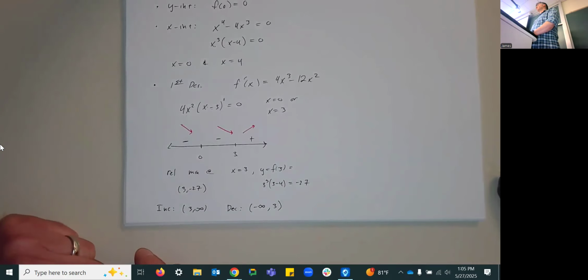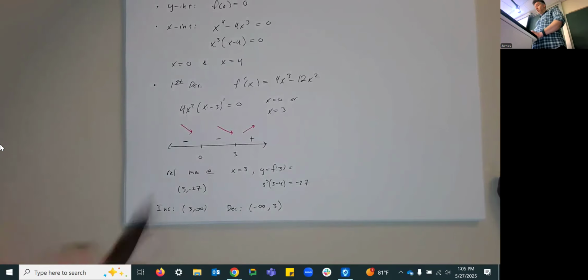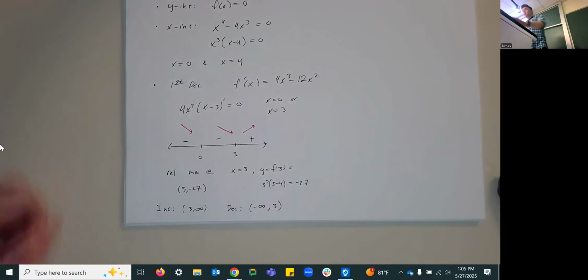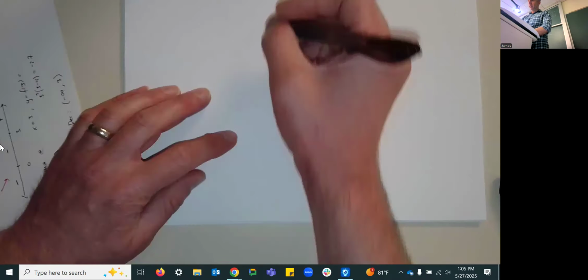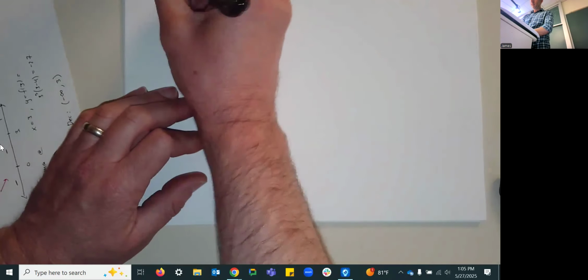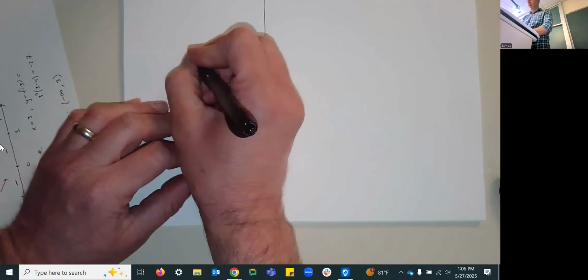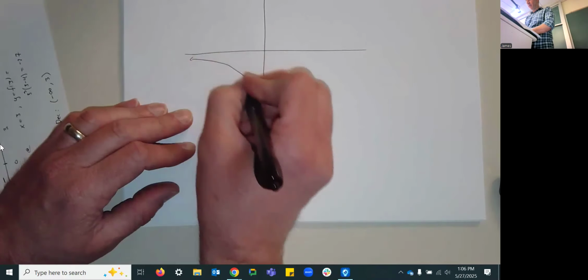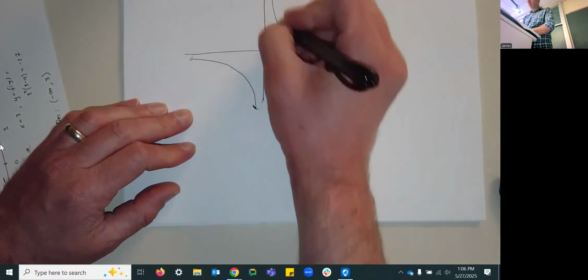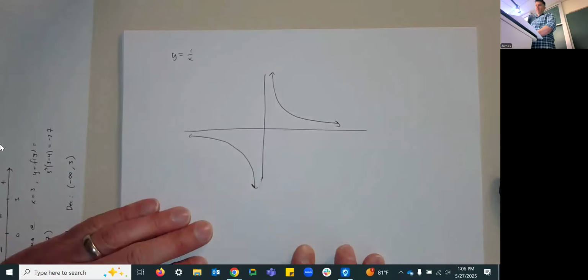Just a point of interest, if your function is decreasing on both sides and it's defined at the point between those two places, then it's perfectly fine to say that it's decreasing on the entire interval. Like I just included the 0 in the negative infinity to 3 there. That wouldn't be true if our function looked like this. Just as a quick aside, y equal to 1 over x.